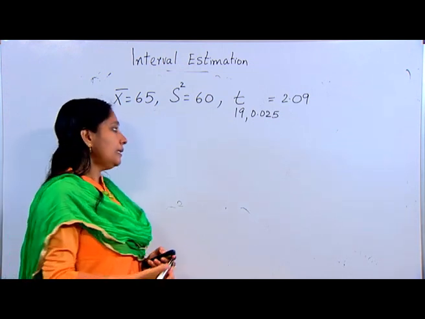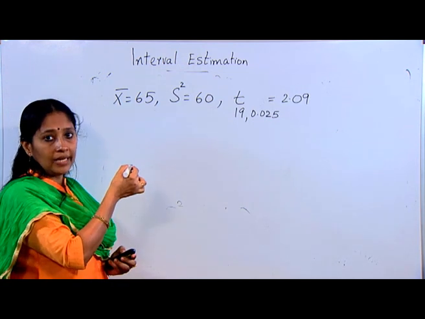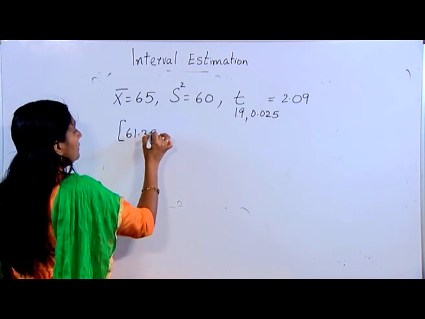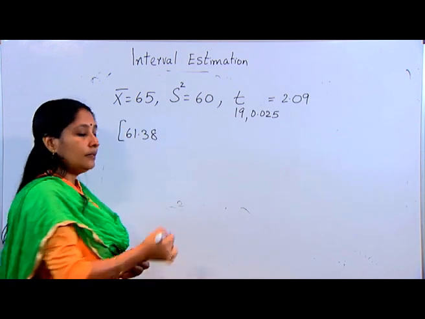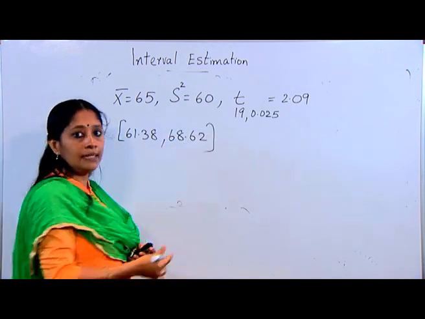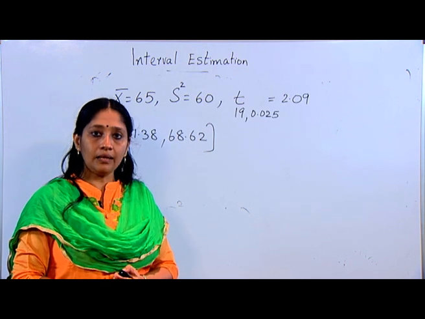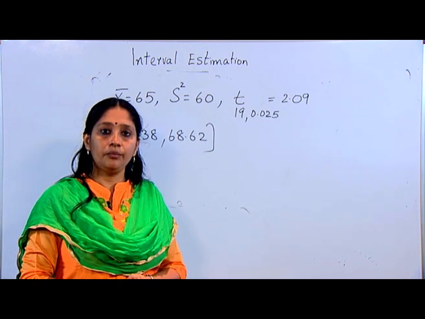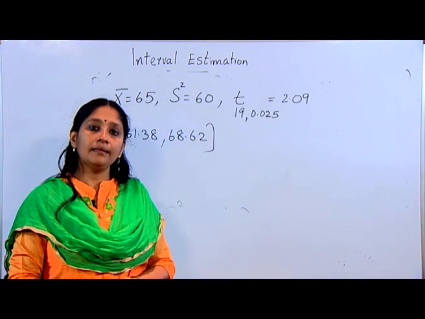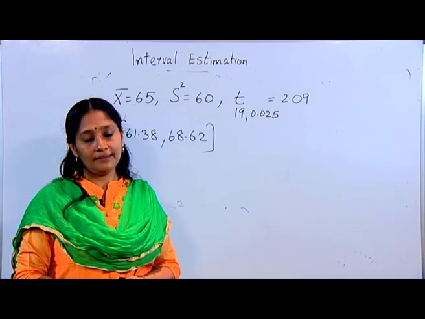Substituting in the confidence interval, you will get the value as 61.38 and 68.62 as the confidence interval for the population mean mu. You can do more problems for better understanding, and now I conclude this session. Thank you.